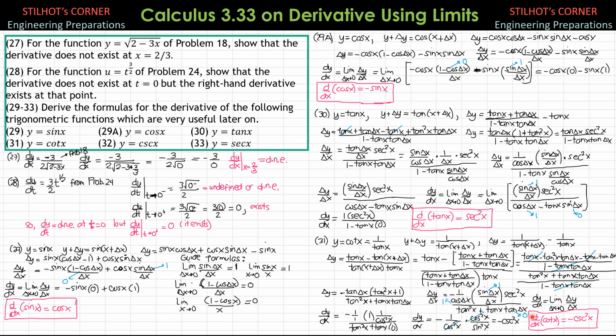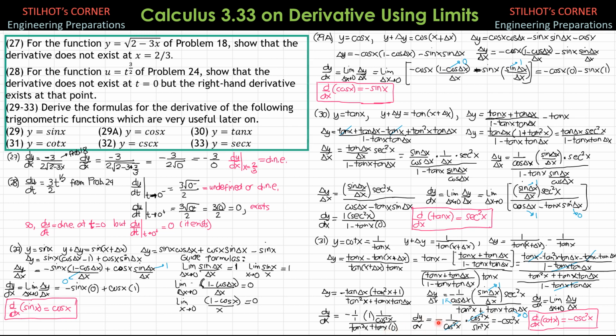So dy dx is negative 1 over 1 times 1 times secant square x, and secant square x is 1 over cosine square x, all over tangent square x plus tangent x times 0.